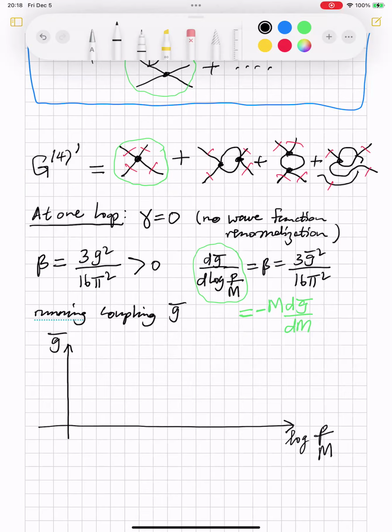This is monotonic. And what we find is whatever coupling you start off with in the UV, you flow towards 0. So if you flow towards 0, you would call this an irrelevant coupling.